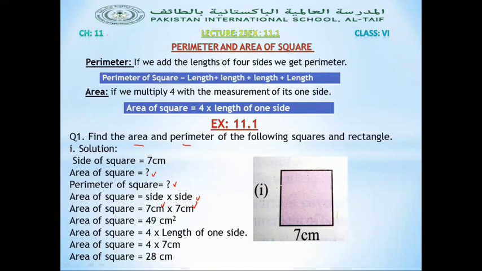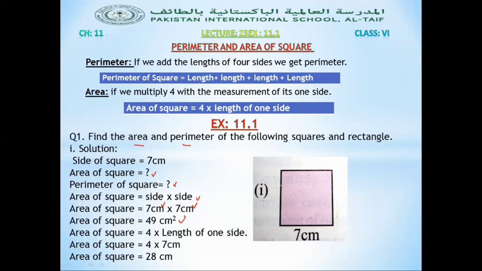So we will multiply 7 centimeters by 7 centimeters. 7 times 7 will become 49. Centimeter multiplied by centimeter becomes centimeter square. So its answer is 49 square centimeters.